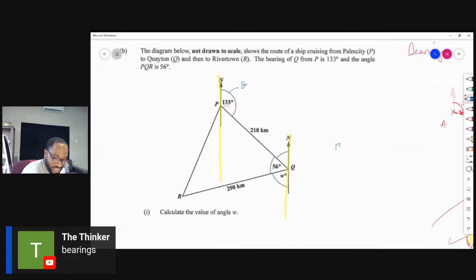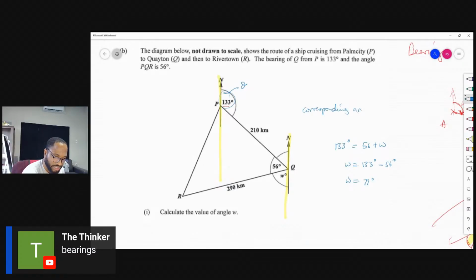It means that 133 degrees is equal to 56 plus W. You all see that? This 133 is equal to this. So therefore, W is equal to 133 degrees minus 56 degrees, which is 77 degrees. Then we just wanted you to find W. Corresponding angles.